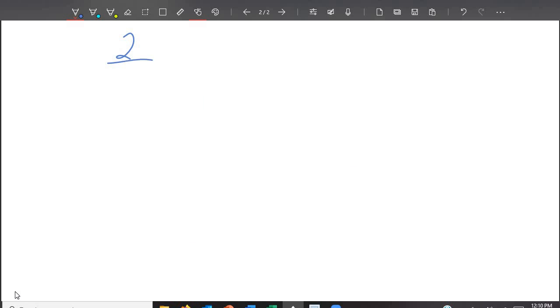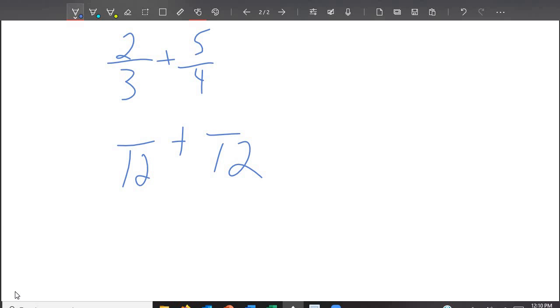Suppose I wanted to add 2/3 and 5/4. So we figure out the common denominator between 3 and 4, which is 12. But in order to change it to a 12, we've got to multiply this fraction by 4, top and bottom.